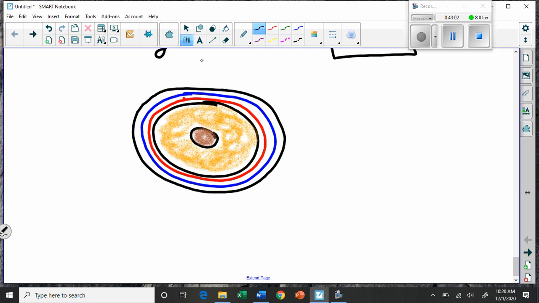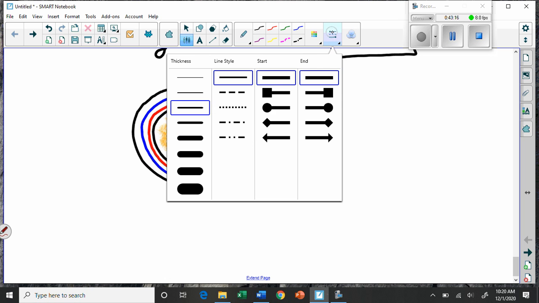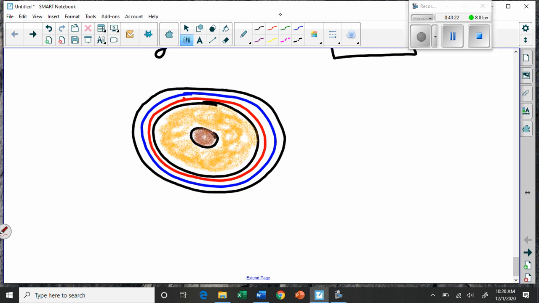Okay, so let's label the brown inner layer. I don't have the brown color anymore. Where did it go? Right here, I think. Okay, so we'll go out from here like this.